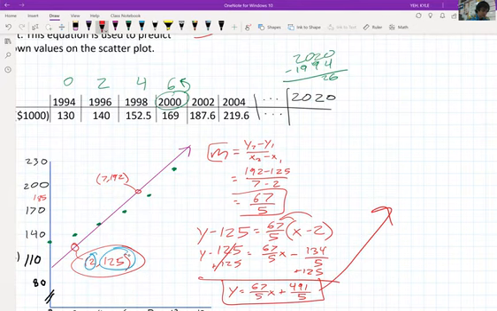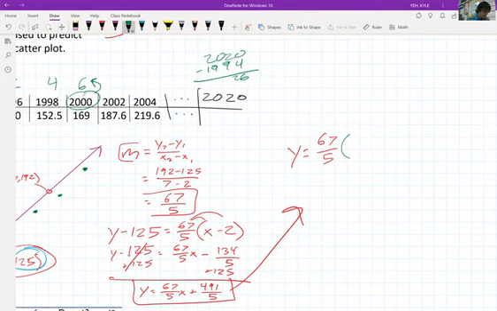X equals 26. So y equals 67/5 times x, which was 26, plus 491/5.